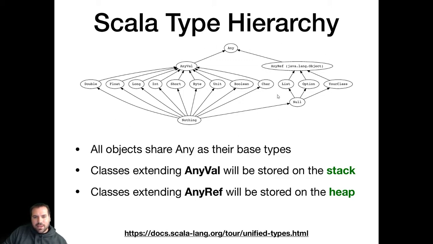We have nothing and null, which we won't use in this class, which extend all of these values. Double extends any val, which extends any. List extends any ref, which extends any. Your class implicitly extends any ref, even if you don't write extends any ref. Your class extends any ref, which extends any. So whenever you create a class, you get all the functionality from any ref and all the functionality from any.